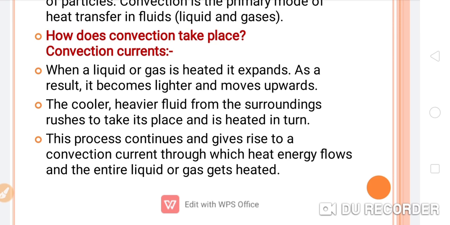The cooler, heavier fluid from the surroundings rushes to take its place and is heated in turn. Now the third point: this process continues and gives rise to a convection current through which heat energy flows and the entire liquid or gas gets heated.